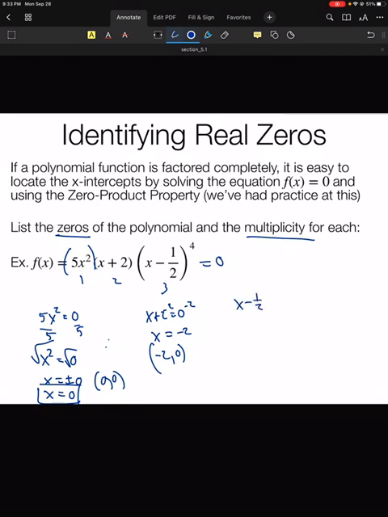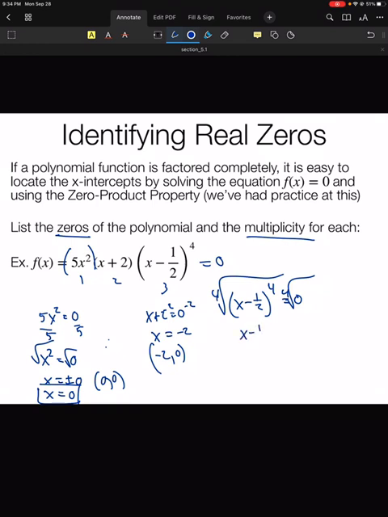So the third is x minus 1/2 raised to the 4th power equals 0. To get rid of that power, just as before when we had the squared, we used square root to get rid of it. I have a 4th root here, and so I'm going to use a 4th root to get rid of it. I did that because it'll get rid of the 4th power, and any root of 0 is still 0.